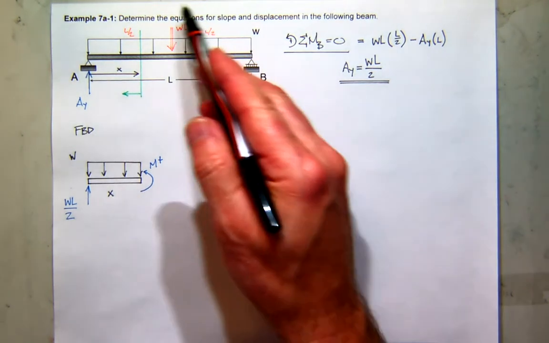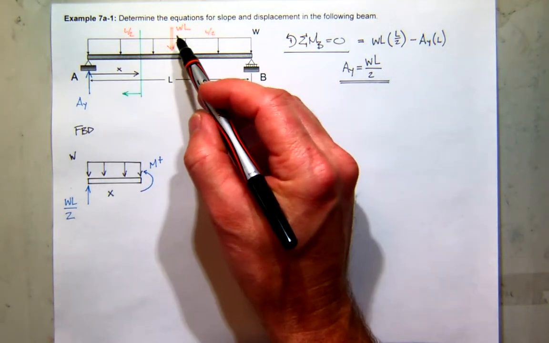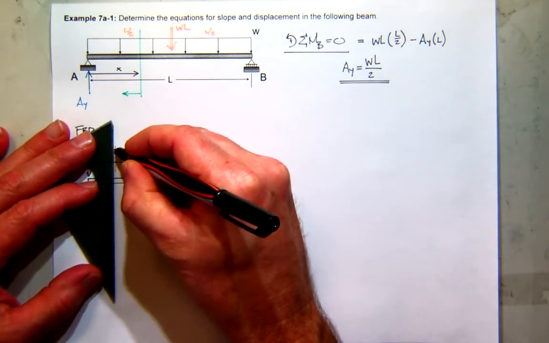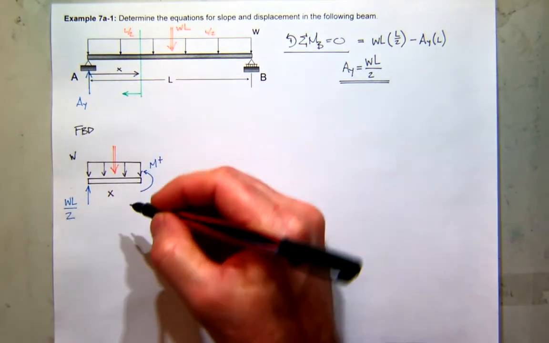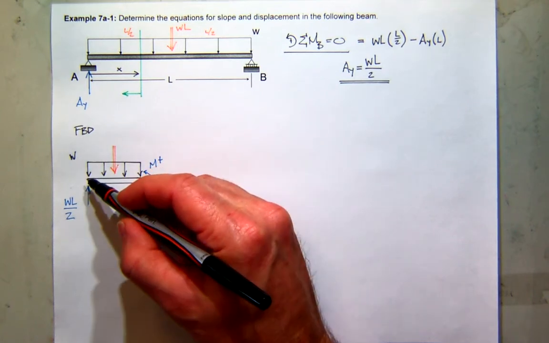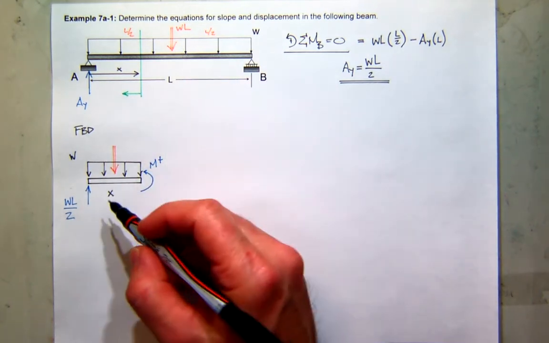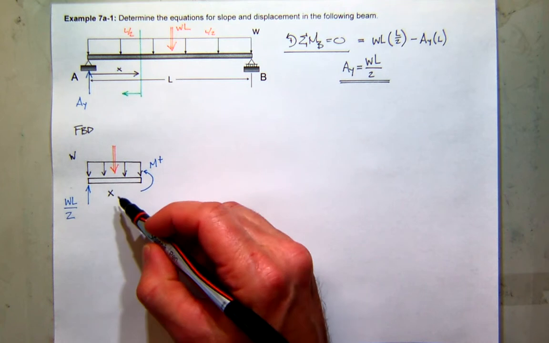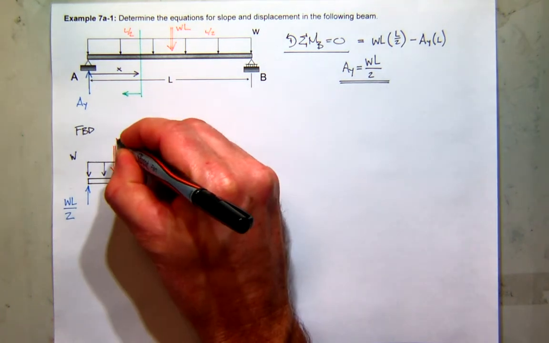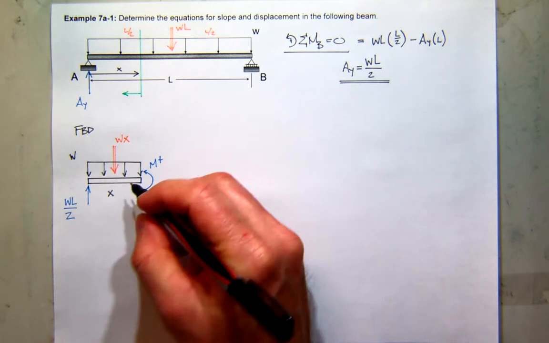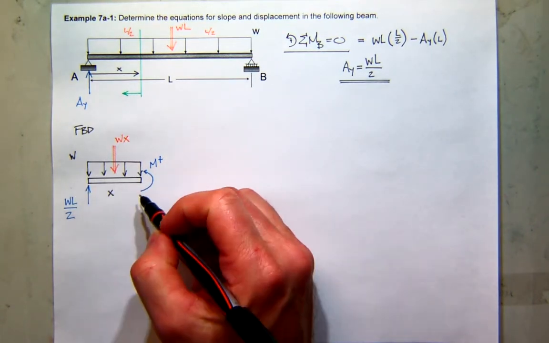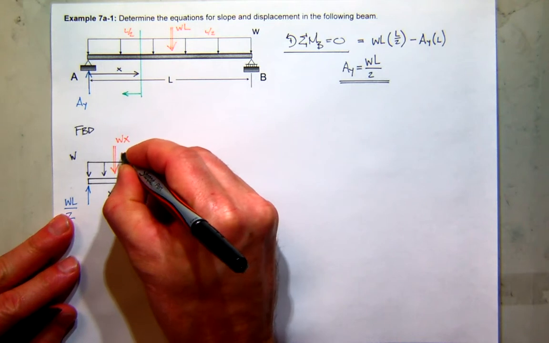Just like we resolved the distributed load up here to make it easier, we're going to do the same thing here. So I'm going to have a concentrated equivalent force. Now that force is going to be this area. It's a rectangle still, as before. But now the rectangle is going to have a base of x and a height of W. So that will be Wx. And the centroid will be located at half the distance. The distance is x, so that distance away will be x over 2.